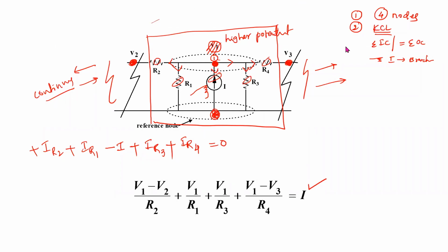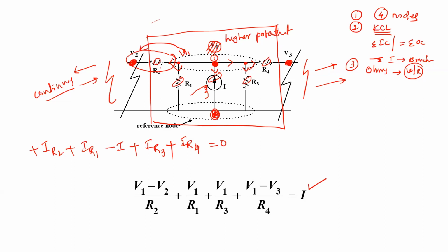Next. After applying this, what is the third step? The third step is to use Ohm's law. Express the current in terms of only voltage and the resistors. So the voltage at this node is V1. What is the total voltage of this branch? It is nothing but V1 minus V2.